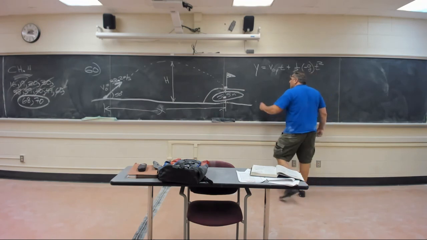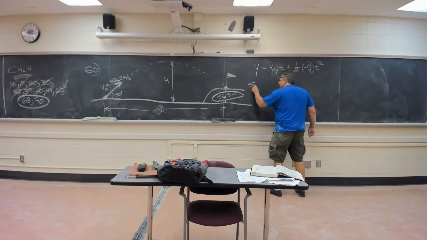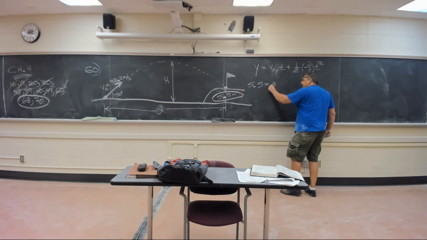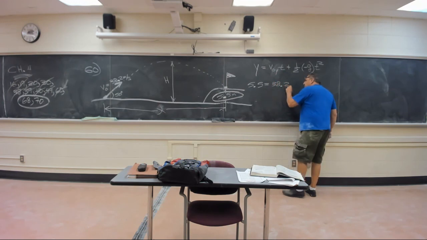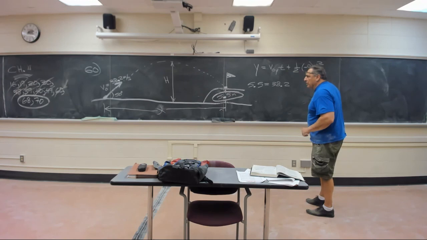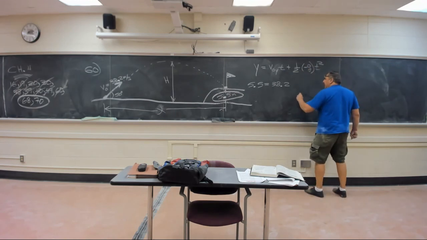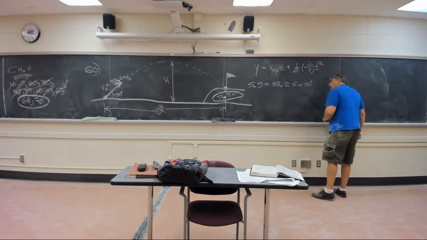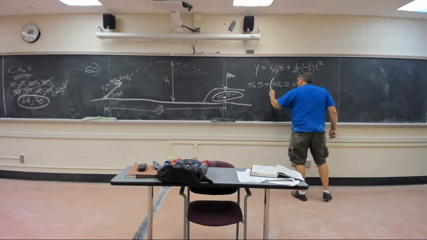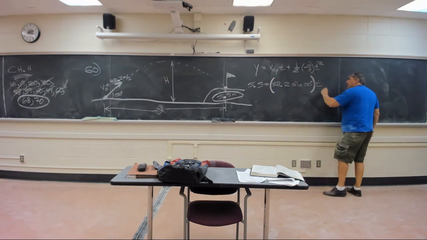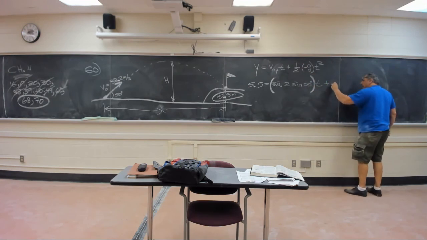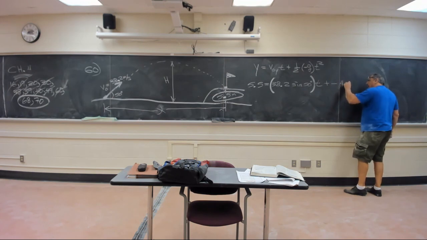Here we go. I want a height of 5.5. I want an initial velocity of 38.2 meters per second times the sine of 50 degrees, times the time, plus 1/2 times negative 9.8, negative 4.9, t squared.